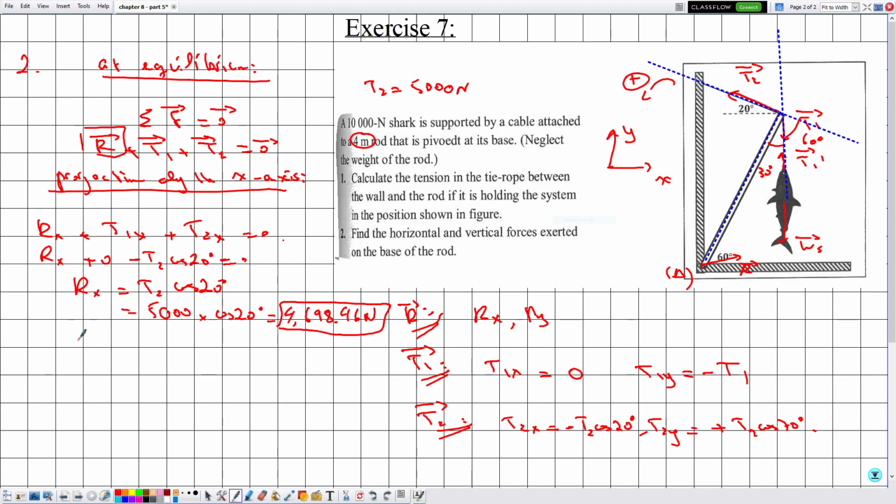As for Ry, projection along the y-axis, drop down vector quantities, each vector quantity will carry the label y. So Ry is equal to minus T1y minus T2y.